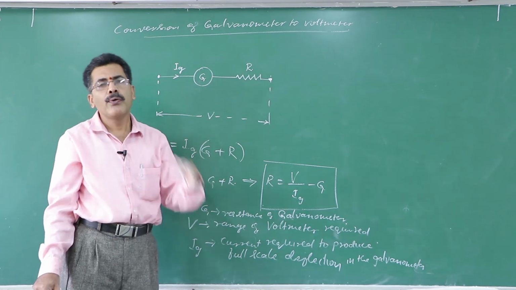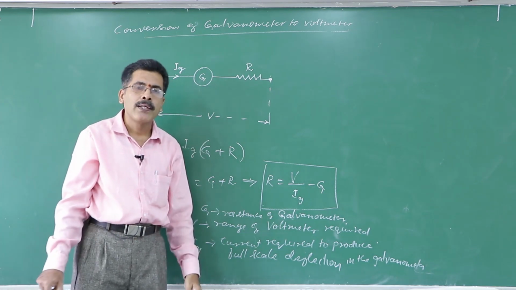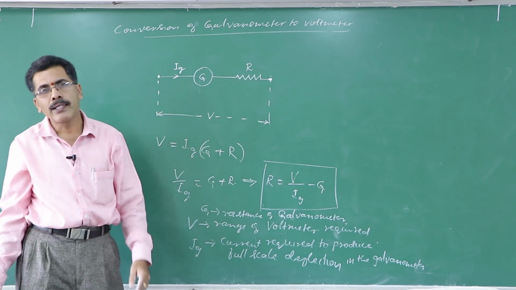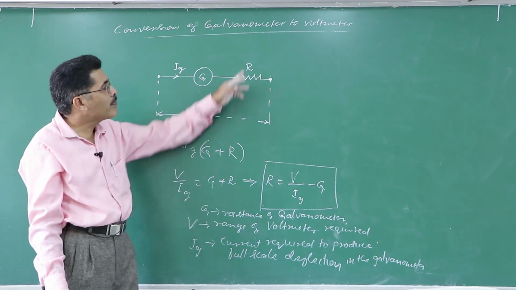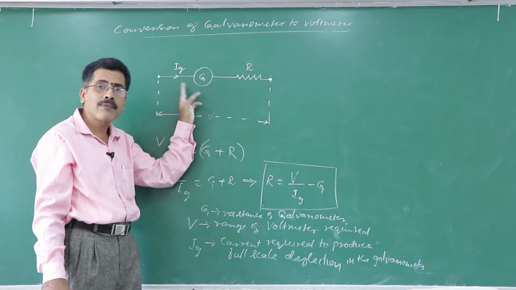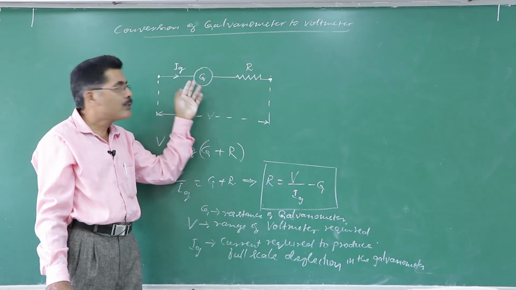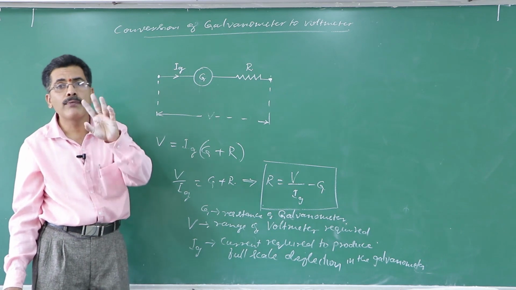So you cannot directly use a galvanometer as a voltmeter. To do so, its effective resistance has to be increased. Let R be the very high resistance connected in series with the coil of the galvanometer, so that this combination works as a voltmeter.